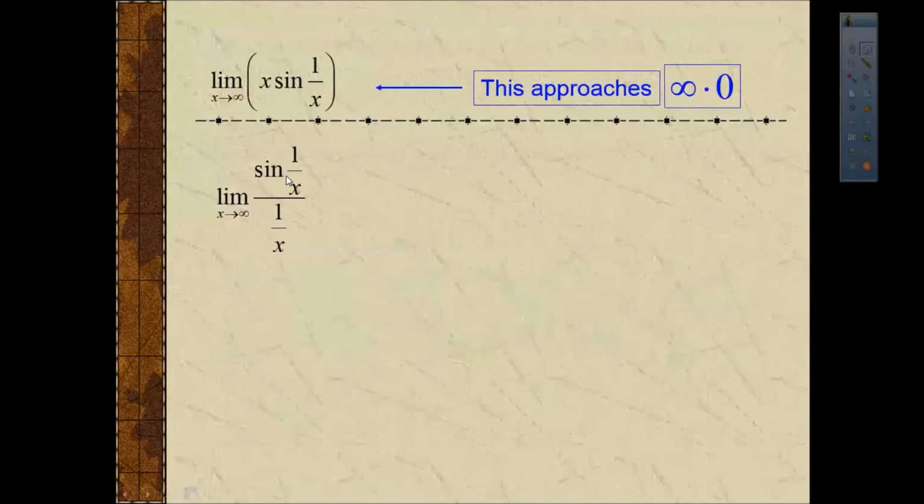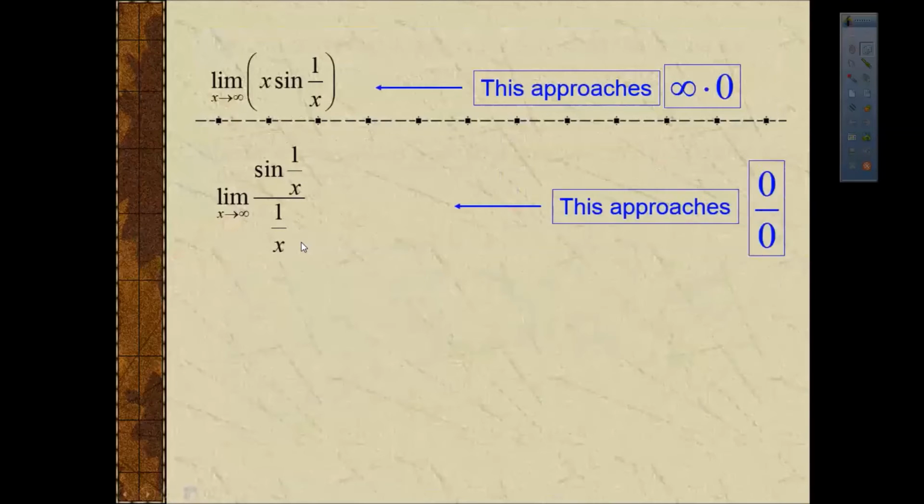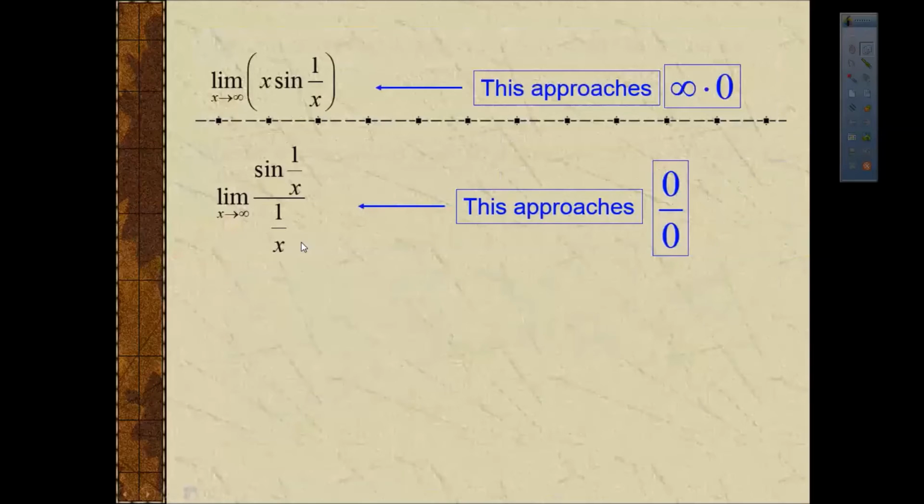We have a fraction, a numerator and a denominator. The numerator goes towards 0 and the denominator goes towards 0. So now we're back in familiar territory. We can apply L'Hopital's rule, taking the derivative of the numerator and the derivative of the denominator.